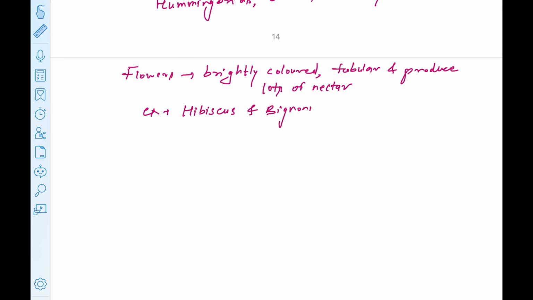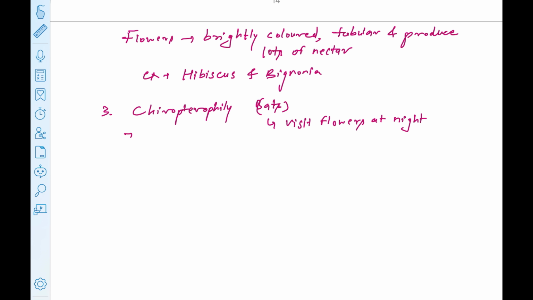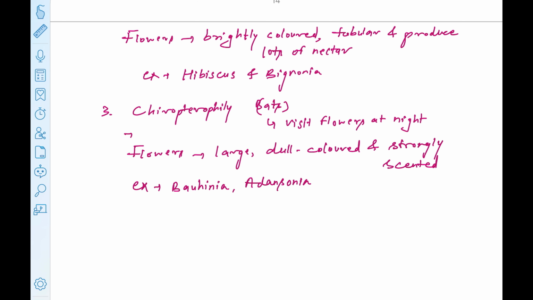Examples are hibiscus and bignonia. Third one is Chiropterophily, pollination by bats. And bats visit flowers at night. Flowers are large, dull-colored, and strongly scented. And examples are Bauhinia and Adansonia.